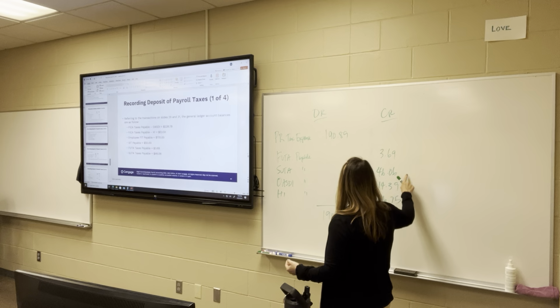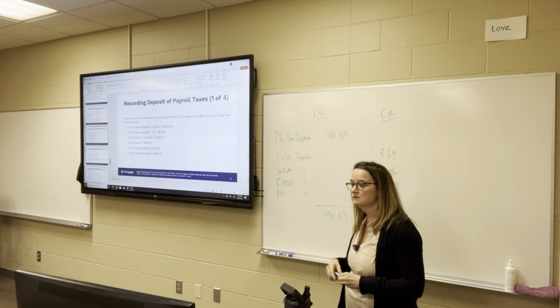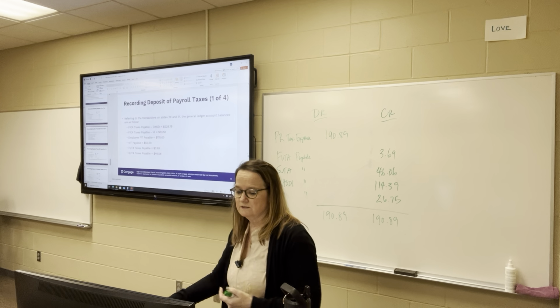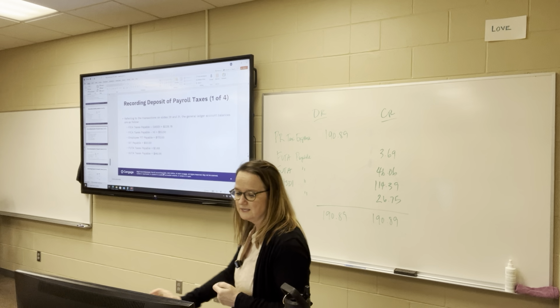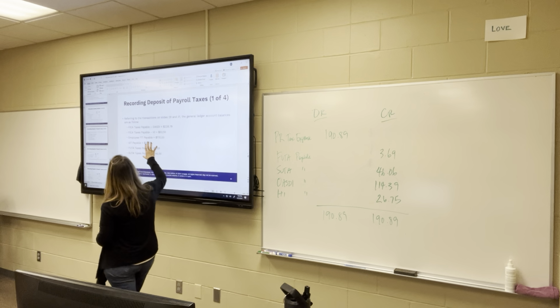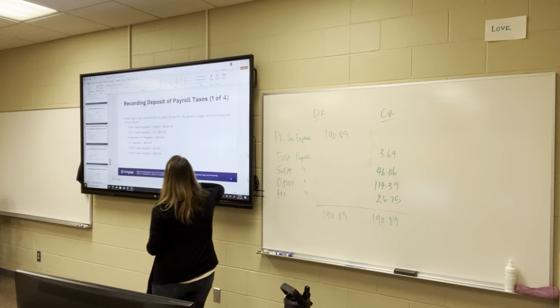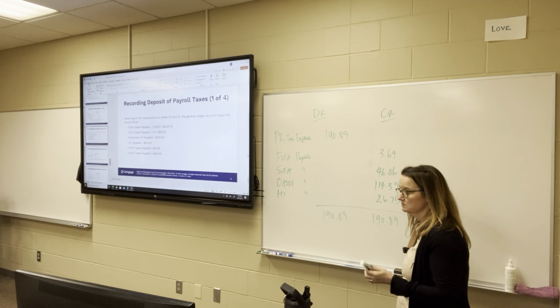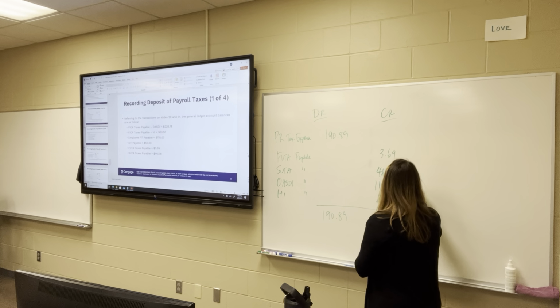But then we've also got to pay the rest of these, the amounts that are liabilities. They've got the totals here for us of what is owed. So that $228.78 just comes from this being multiplied by 2, right?